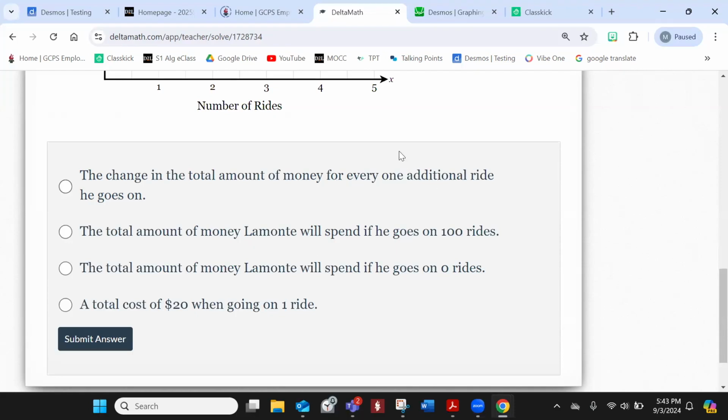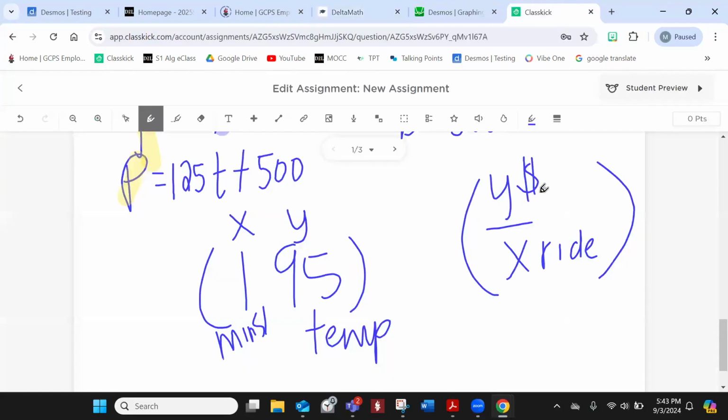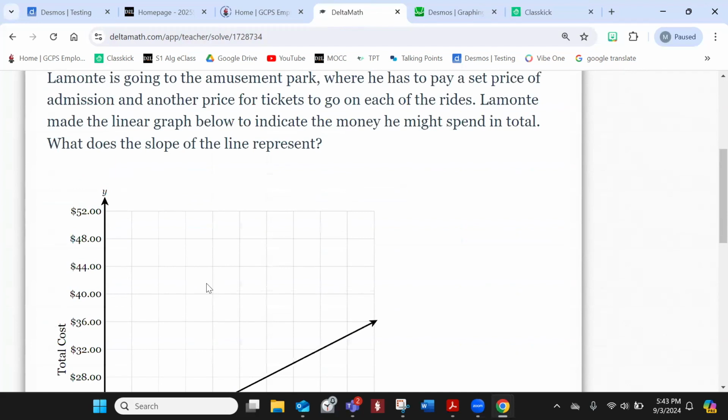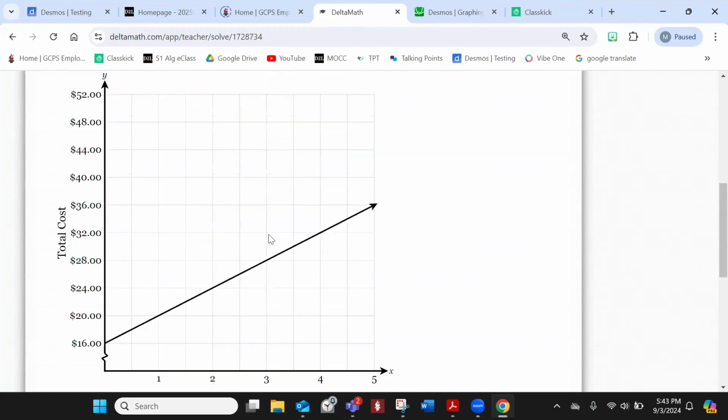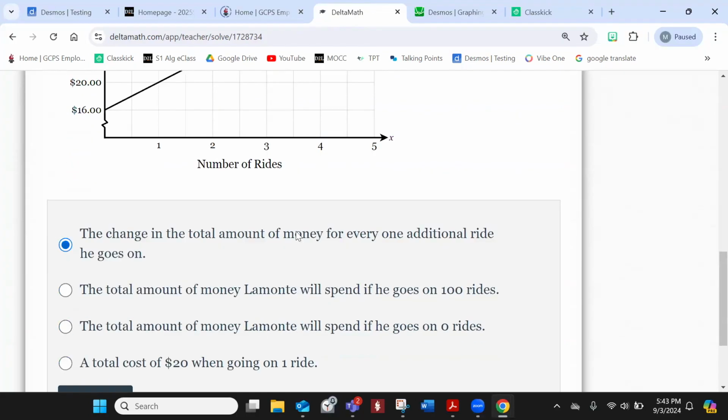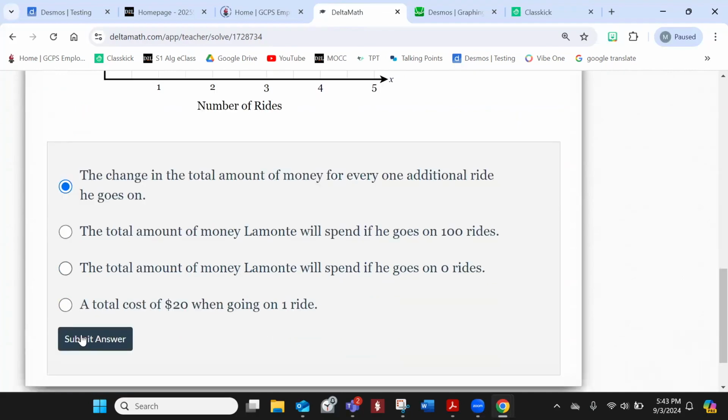Okay, so remember I told you anytime it says change in something, that's how the money is changing. So literally it would be money for every ride that he rode. So it would be A. All right, be careful with those. Make sure you know Y over X is cost per ride.